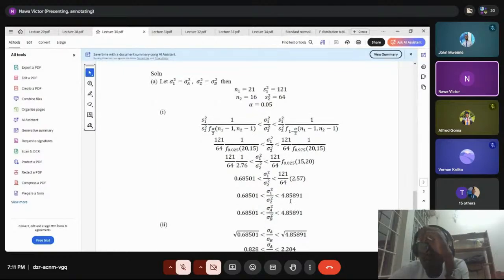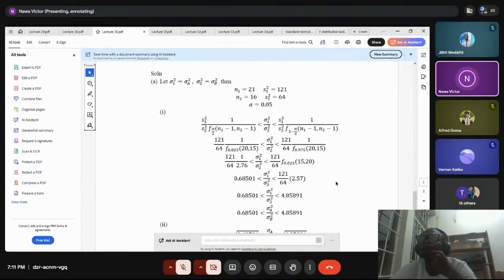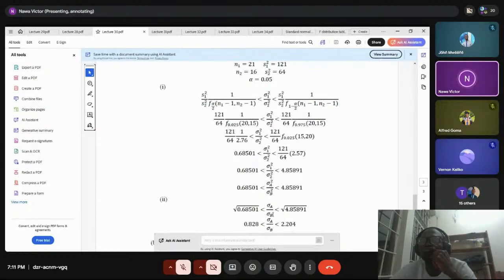Then the second part, we want the confidence interval for the ratio of standard deviations. Just like we did for one variance, these are squared, the standard deviations are square roots. So basically we just square root all these endpoints, so the ratio of the standard deviations is going to be in between those two.